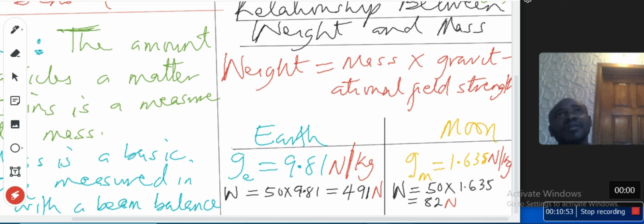What's the most massive planet? Jupiter. Yeah, Jupiter has the highest mass. That means, will you weigh more on Jupiter or on Earth? You weigh more on Jupiter, several times your weight on Earth. Walking on Jupiter would be a very terrible thing, because lifting your leg would be so difficult.